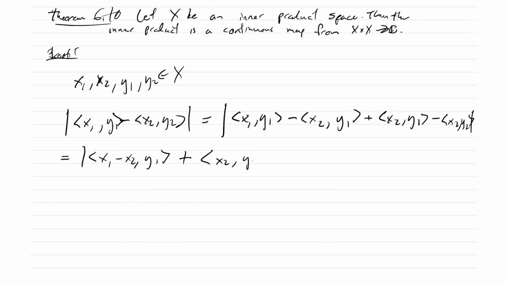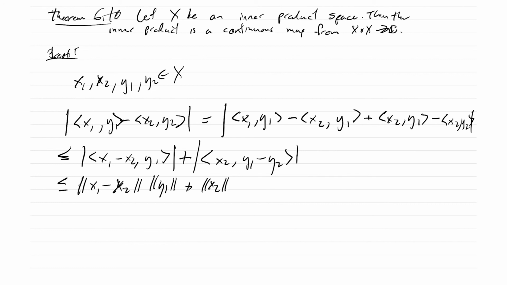Sorry, plus y1 minus y2. Brain fart. Anyway, the triangle inequality lets me do this, and then the Cauchy-Schwarz inequality lets me do this. So this is the norm of x1 minus x2 times the norm of y1, plus the norm of x2 times the norm of y1 minus y2.